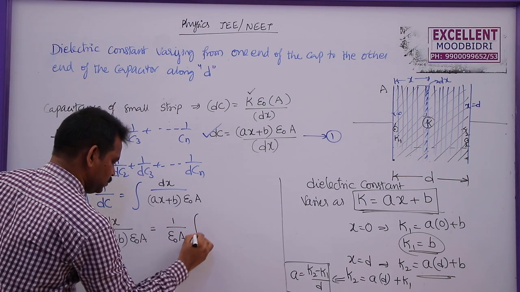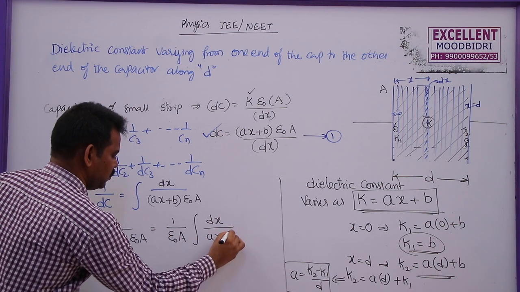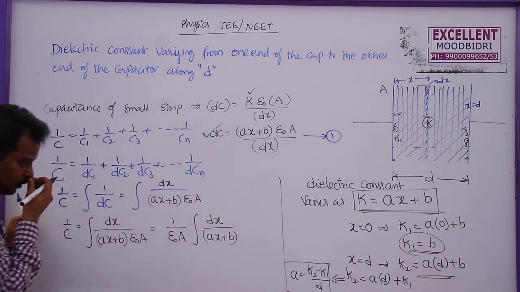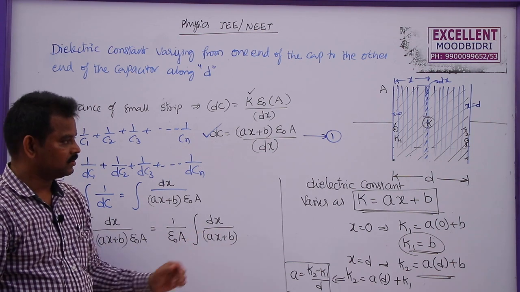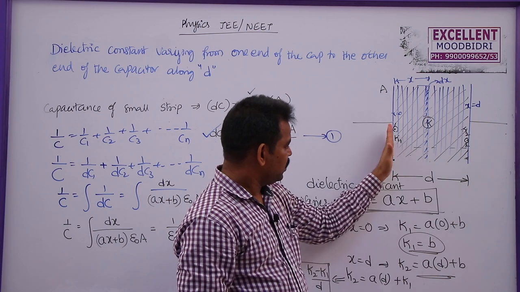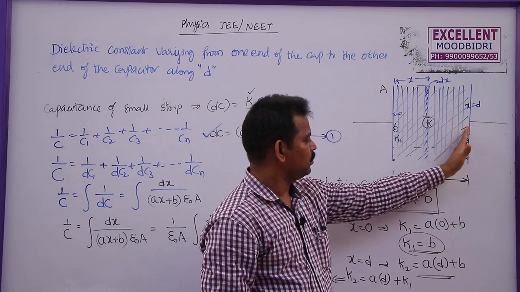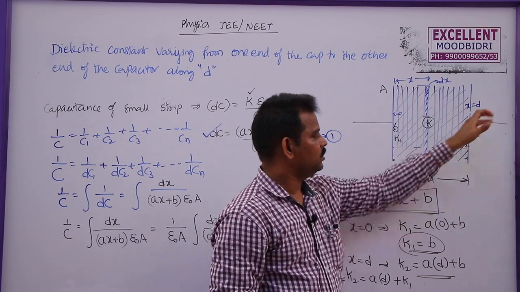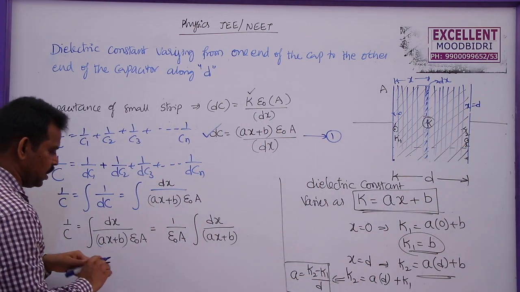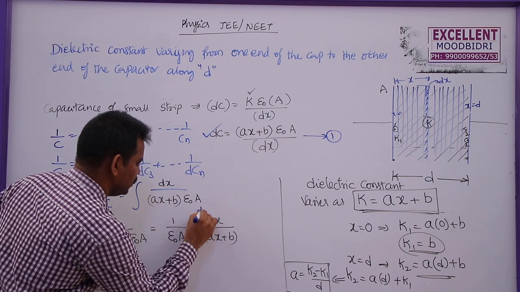The remaining term is integral dx by the variable ax plus b. You can see here the variable is x. What is the minimum value of x here? If you take this capacitor, here x value is 0, and if you go away from this plate, x value increases and the maximum value of x is d. So the limits are 0 and d.